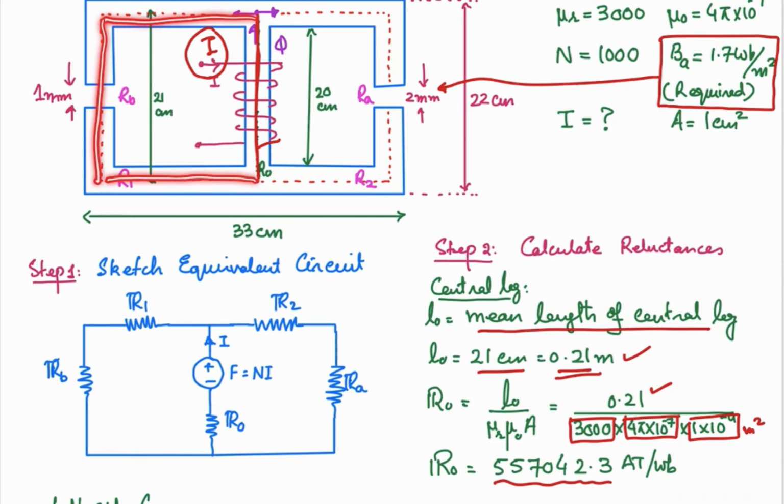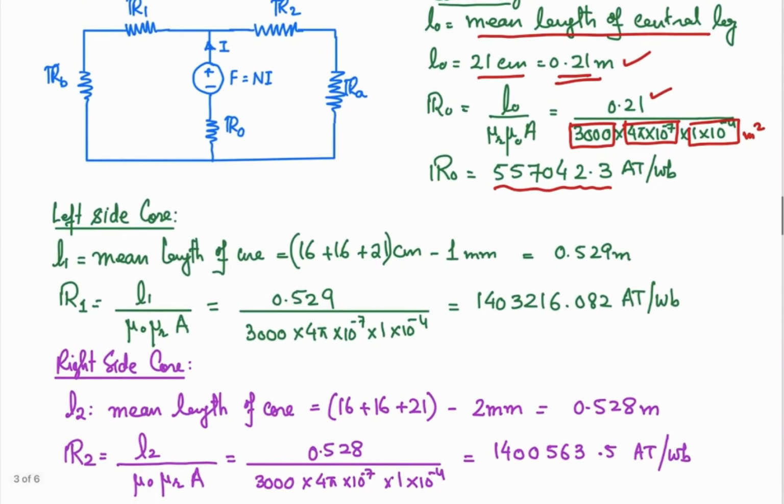That's the total length. And out of that, I will have to subtract 1 mm for this air gap. So for the left side, 16 centimeter plus 16 centimeter plus 21 centimeter, and then I am going to subtract 1 mm from that. It must be in meter, so convert it into meter, do this, and you will get 0.529 meter as the net distance of the left side core.